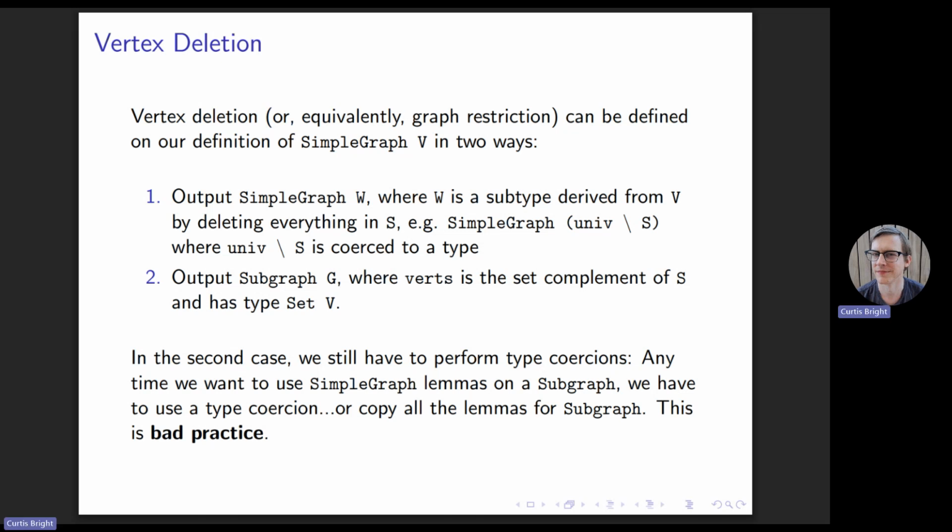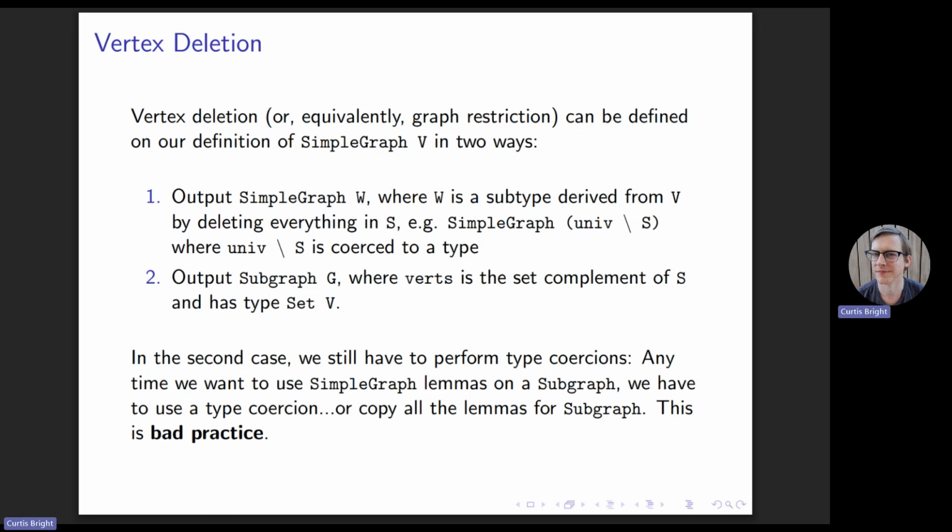In both cases, we end up having to perform type coercions. In the first case, we're constructing a new type that has a type coercion built in, but having to do that type coercion every time we want to talk about vertex deletion is going to introduce a lot of overhead.